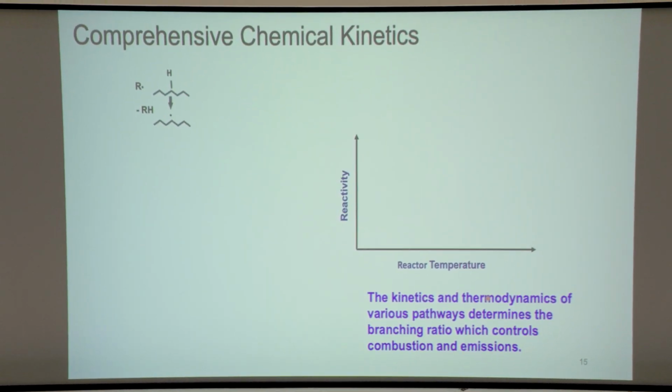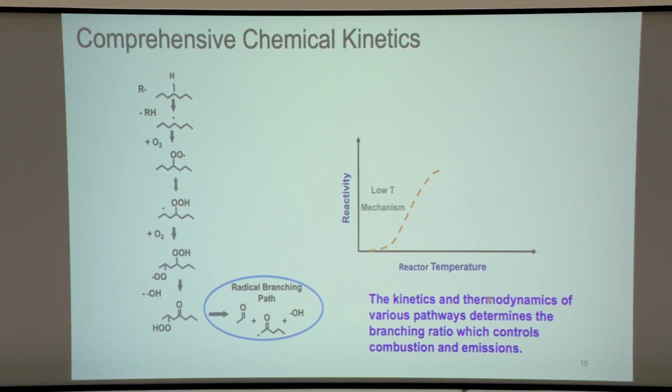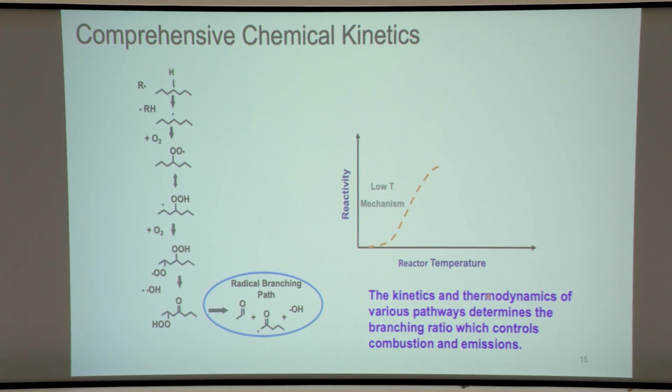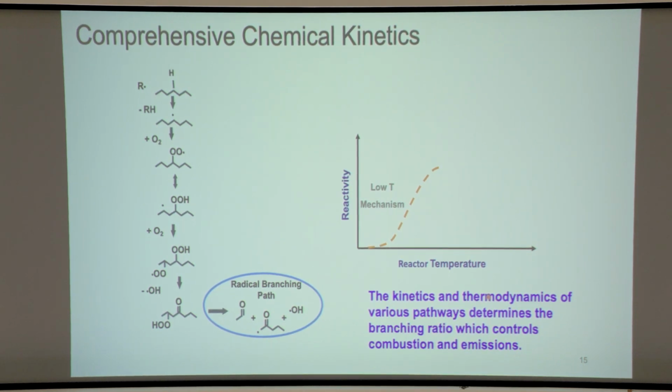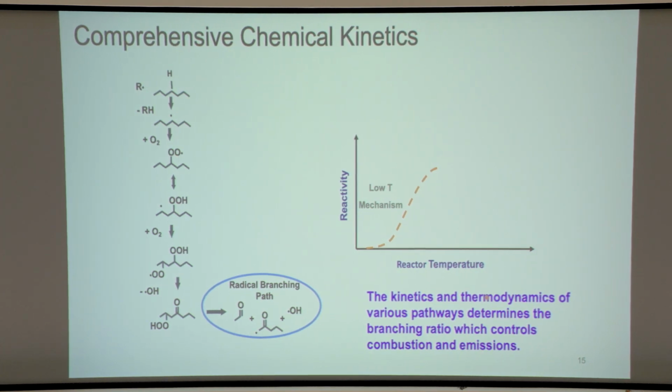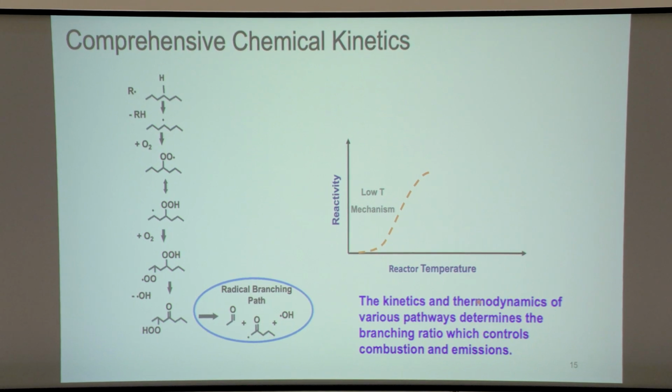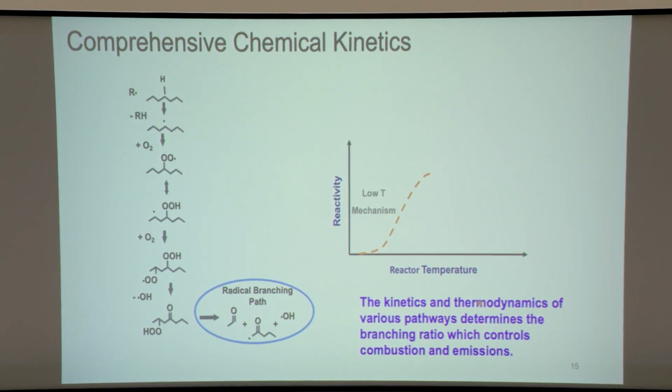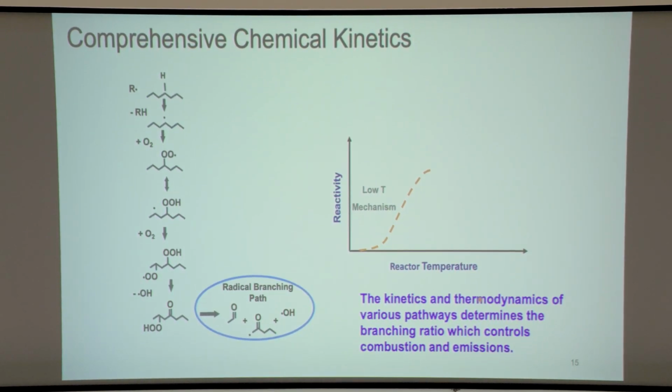Now, this abstraction reaction can happen at relatively low temperatures, maybe around 350, 400 degrees Celsius, so say 700 degrees Kelvin. And at low temperature, the abstraction can happen at a relatively slow rate, because at low temperature, rates are always slower. So initially, your fuel gets consumed by abstraction, and the radical has to undergo some further reactions.